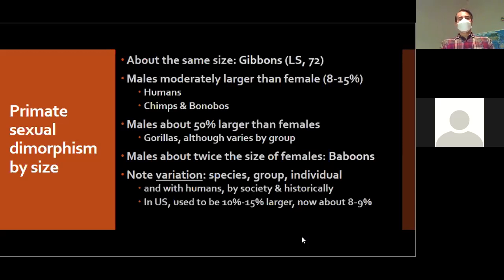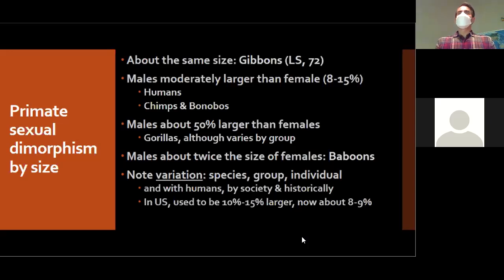So in chimp societies, there are going to be some female chimps that are larger than male chimps, in the same way that in our own human societies, we can talk about an average variation, but that doesn't mean every one of a certain sex is going to be larger or smaller than someone else.